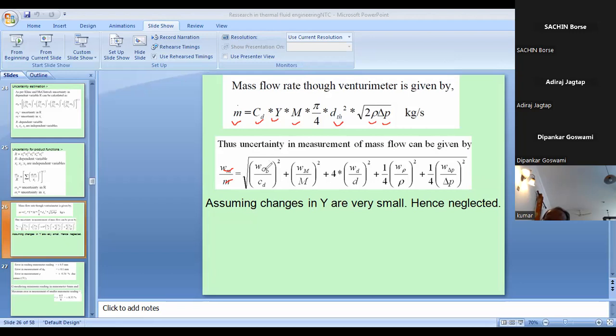the uncertainty of CD, the power of CD is what? 1. So 1 is there, you will not find that, divided by CD, square, plus uncertainty in M divided by M. Power of M is 1, so it's 1 only. Then comes the diameter.